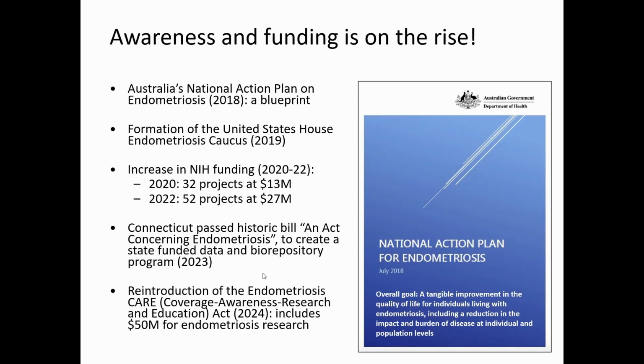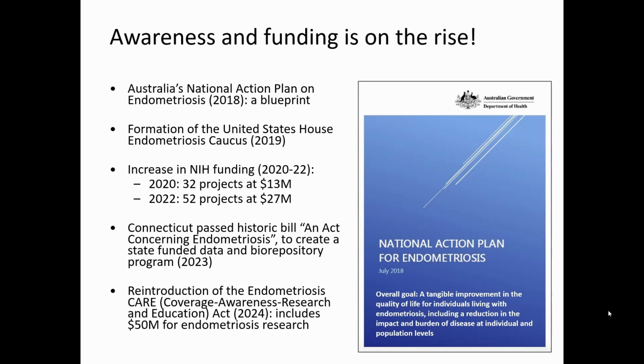Good news is that awareness, just like the Google search slide that I showed at the beginning of my talk, awareness and funding is on the rise, not only from the general public, but also amongst funding agents. Probably one of the best action plans that have been described for endometriosis is Australia's, really providing a blueprint for national campaigns to improve awareness and research in endometriosis.